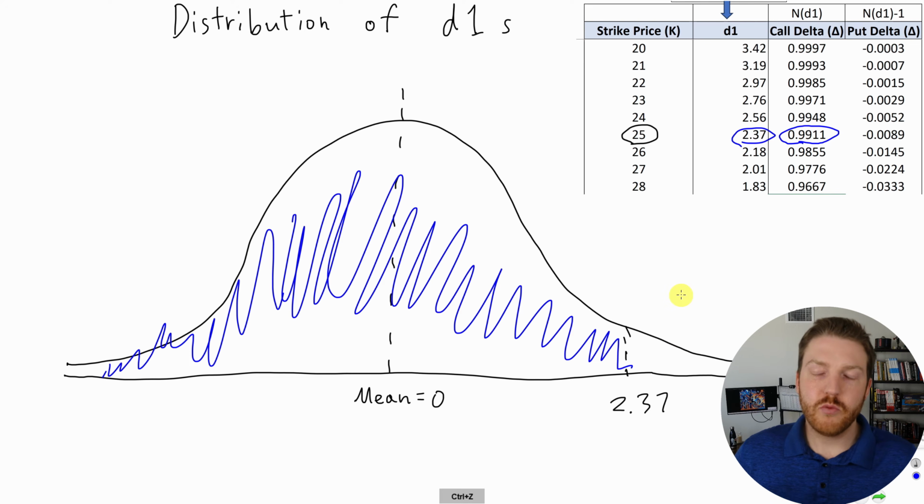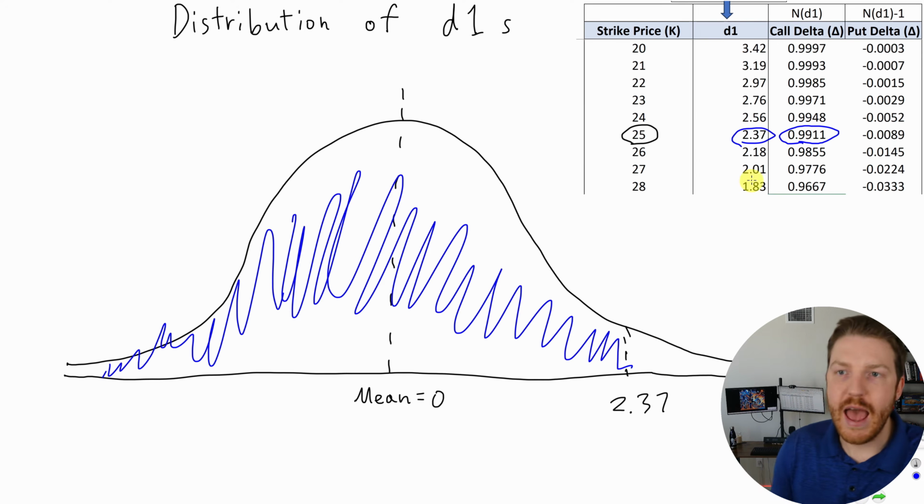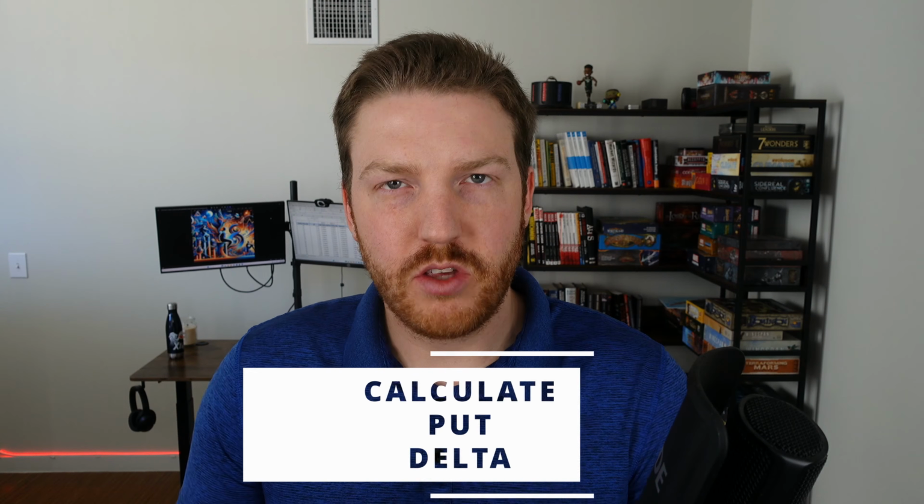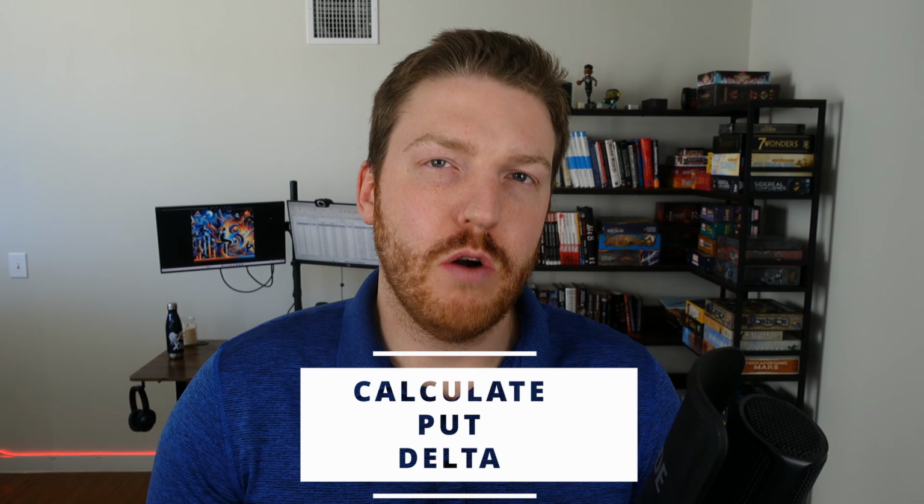Now, what we can interpret that as is that at a strike price of $25, there's about a 99.11% chance that this call option expires in the money as implied by the Black Scholes option pricing model.